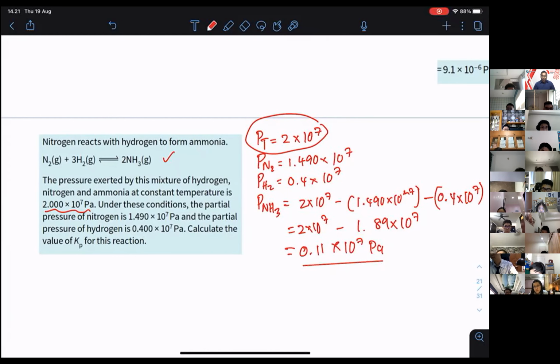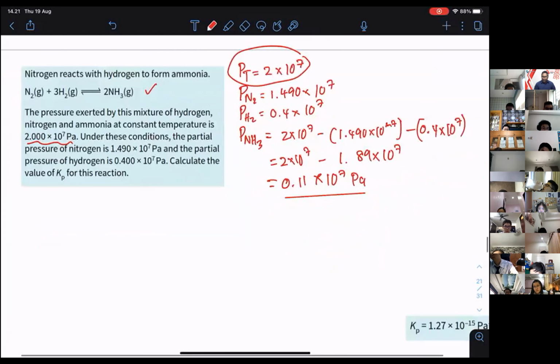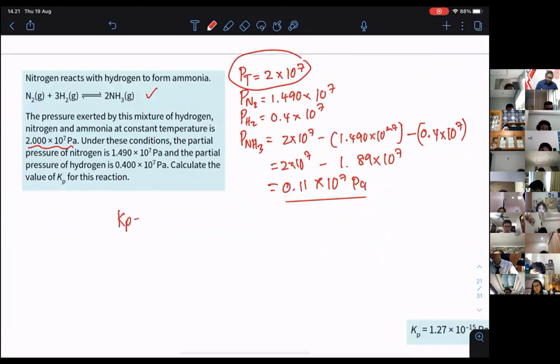Then you want to calculate Kp. Of course, you use the Kp expression. Kp is going to be partial pressure of ammonia to the power of 2, divided by partial pressure of nitrogen times partial pressure of hydrogen to the power of 3. So you just need to use all these values.